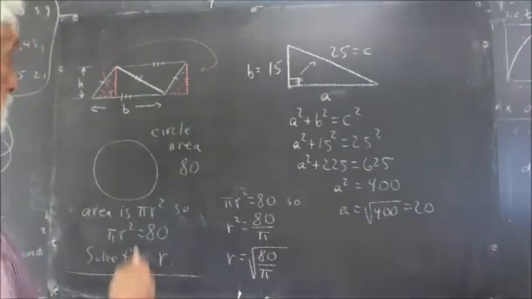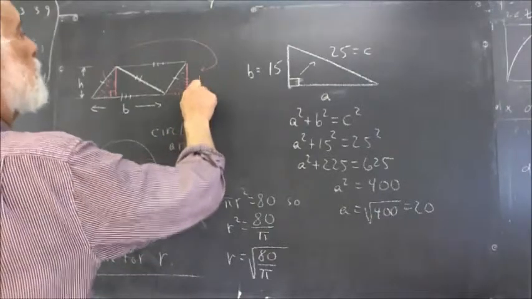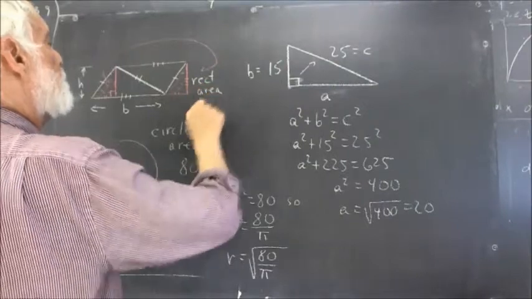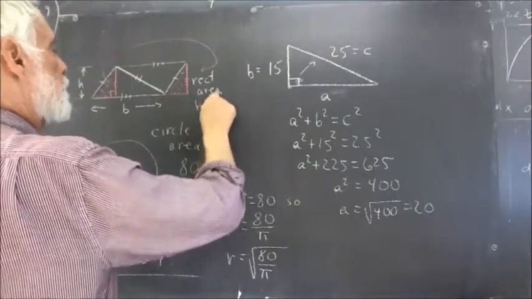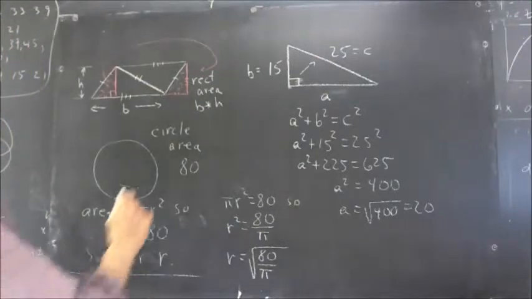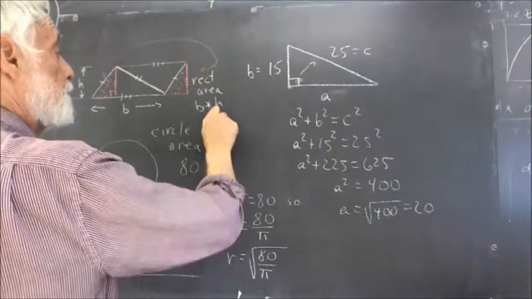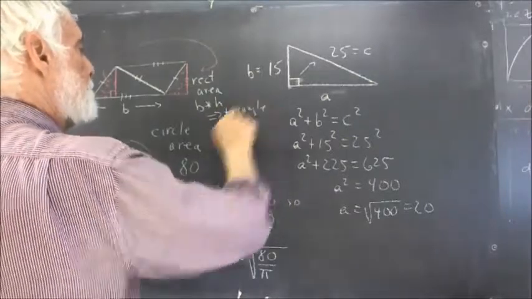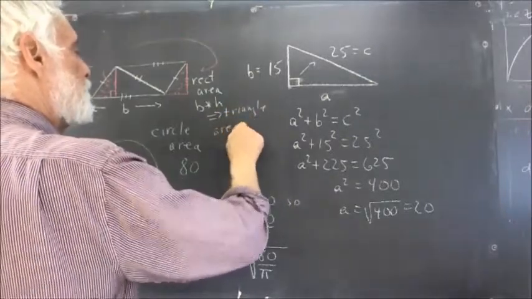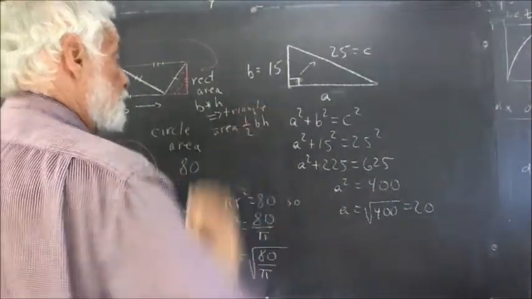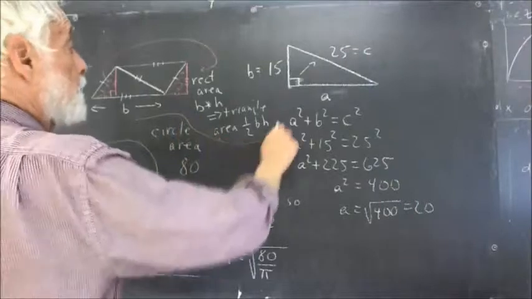So the area is length times width, base times height. Okay, and then the triangle area is half of that, and that's why triangle area is 1/2 BH.